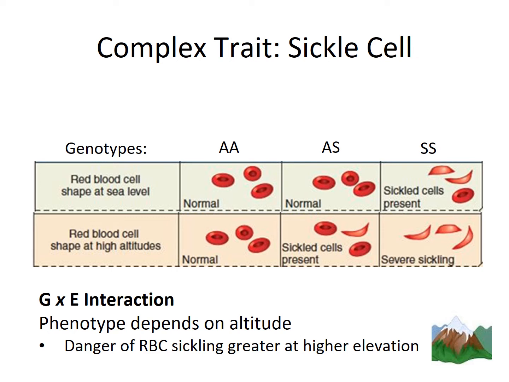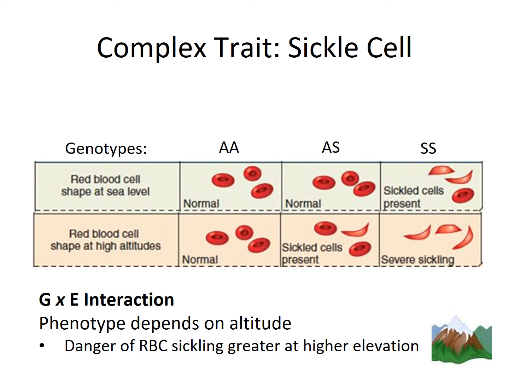So what can happen is if a person is living with sickle cell trait at sea level, they may not experience any symptoms. But if they decide to become a mountain climber and start walking up Mount Everest at some altitude where the oxygen that they're breathing in is at a threshold low level, their normal, healthy, round red blood cells deform into the sickled shape and become less functional.